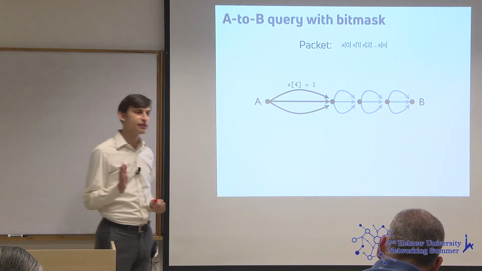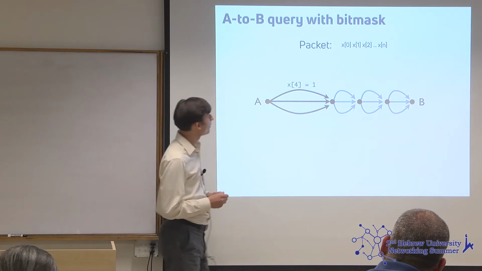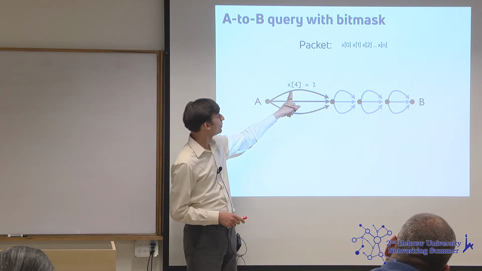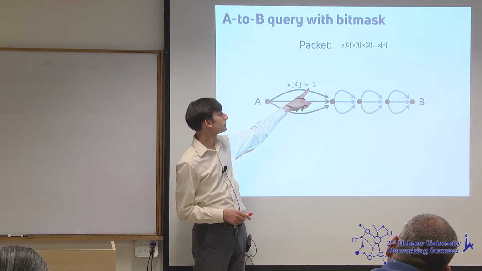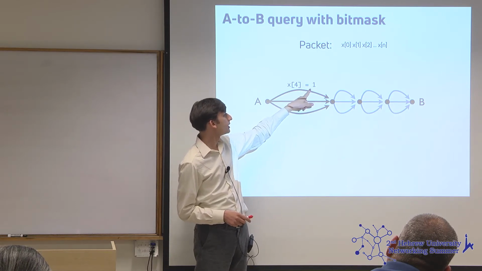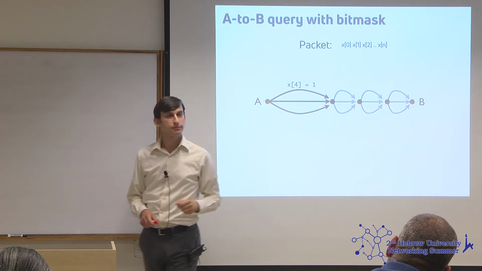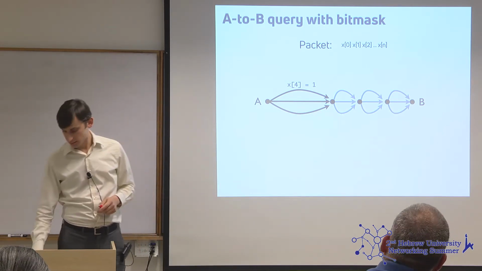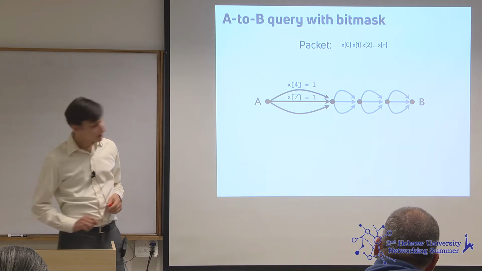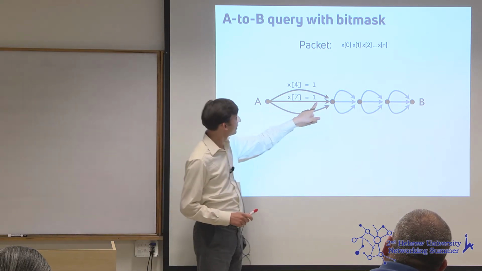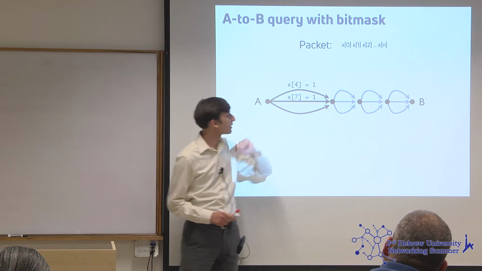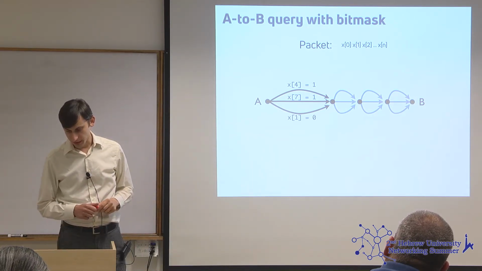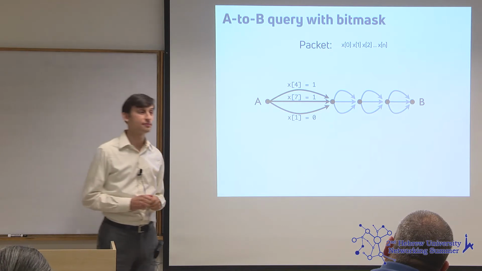And let's say I'm given the forwarding rules that this particular link will forward the packet exactly when bit number 4 is 1. Otherwise, it's dropped along that link. This one here says it's going to forward when x7 is 1. The last one's going to forward when x1 is 0.